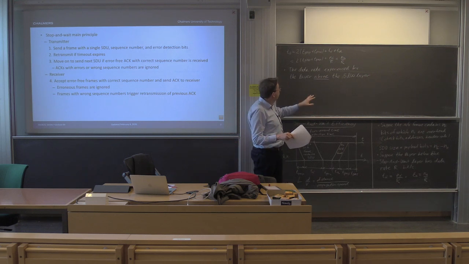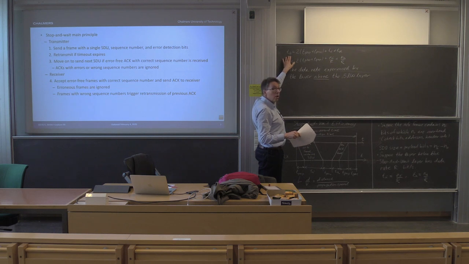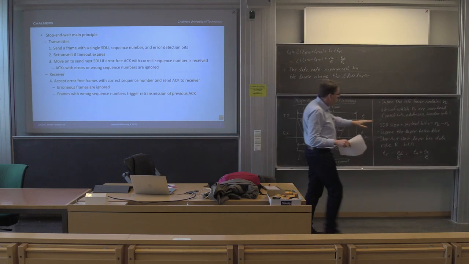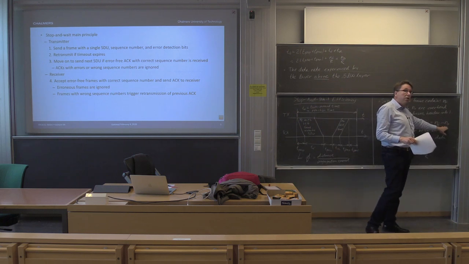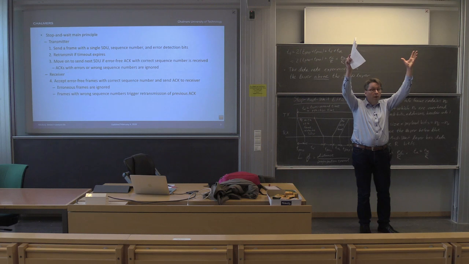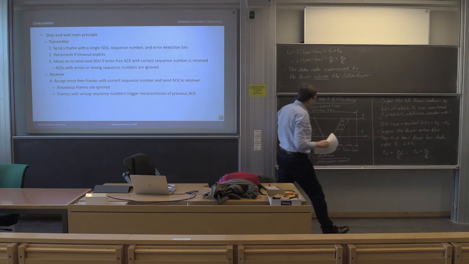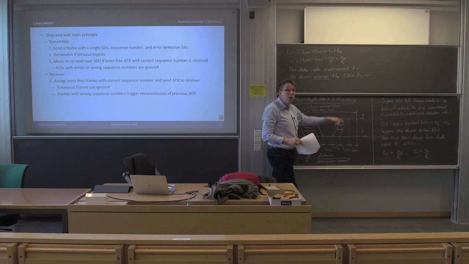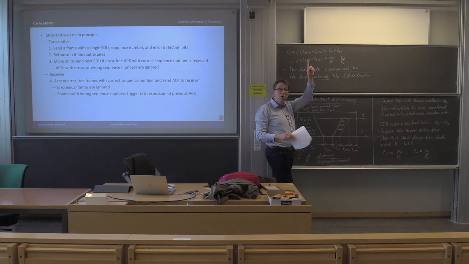But now we actually know, since we know T0, how long it takes to deliver a frame, and we know how many information bits there are in the service data unit that we get above, we can calculate the data rate by just taking the number of bits we get from above and dividing by the time it takes for us to deliver that. That will be the data rate that the layer above us will experience, right?